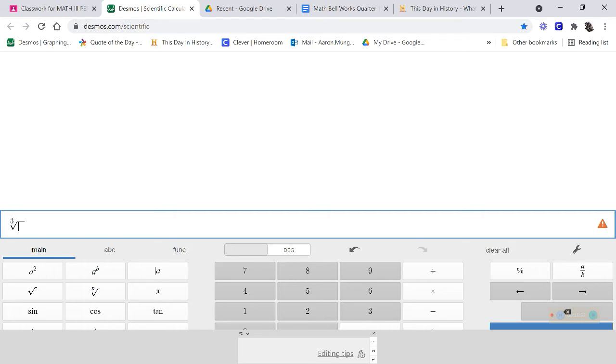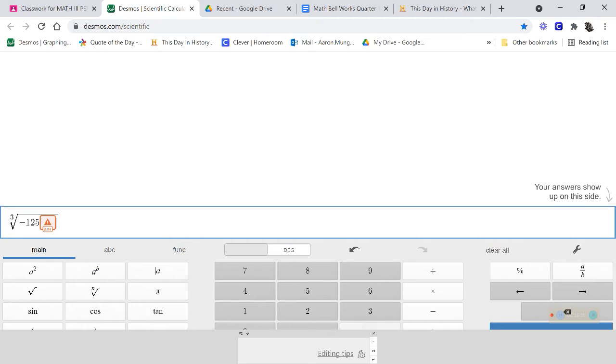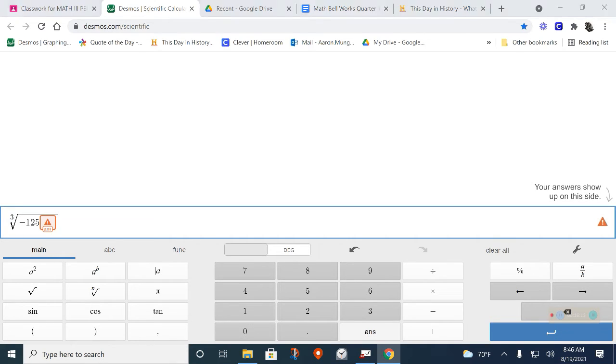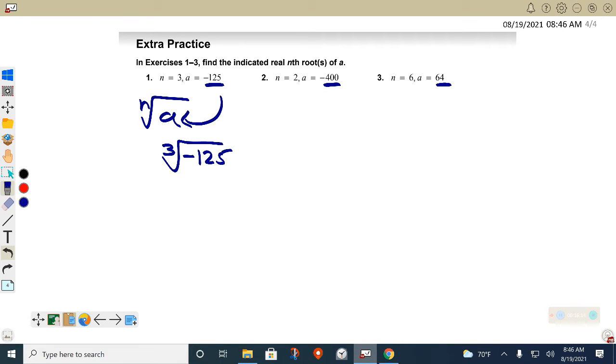They mean the same thing. So the cube root of negative 125 is -5.